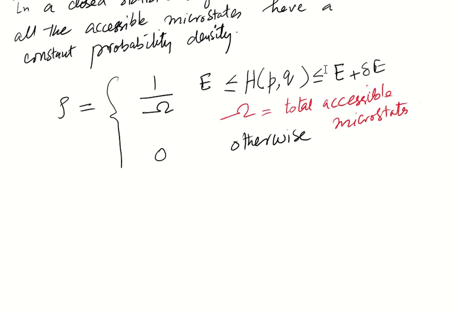If energy is either greater or smaller than these limits, the probability density will go to 0.